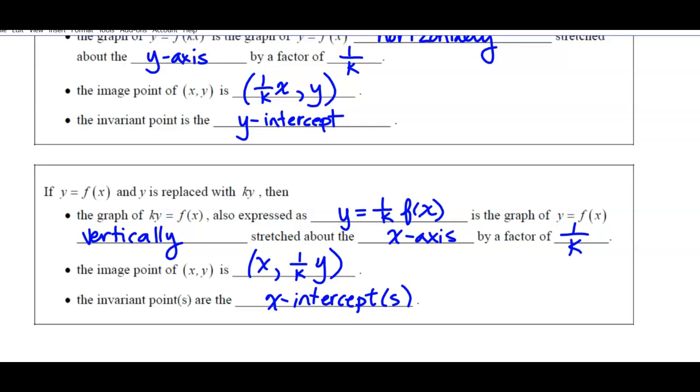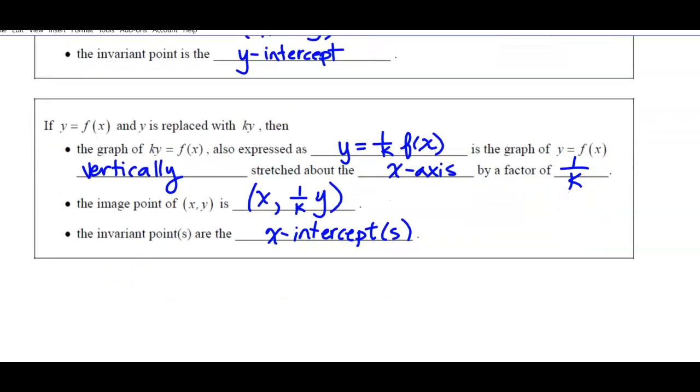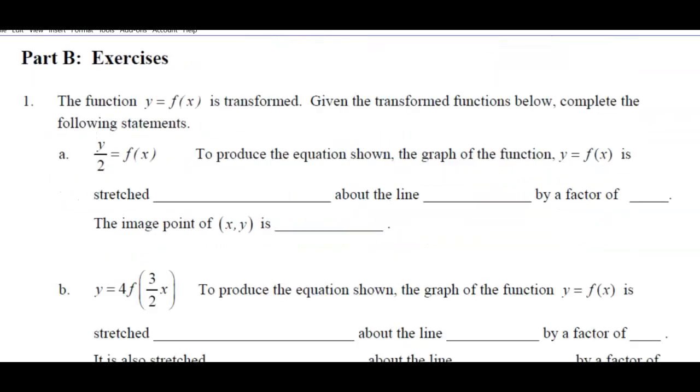Okay, so I'm going to pick and choose here in the exercises. We'll do the first one. So y has been replaced with y over 2. Not a half y, but it means the same thing. So to produce the equation shown, the graph of the original is stretched. So if you're replacing y with y over 2, remember you're changing the y values. So that's stretched vertically.